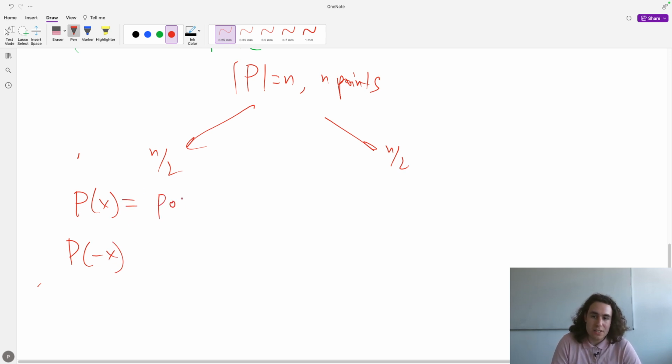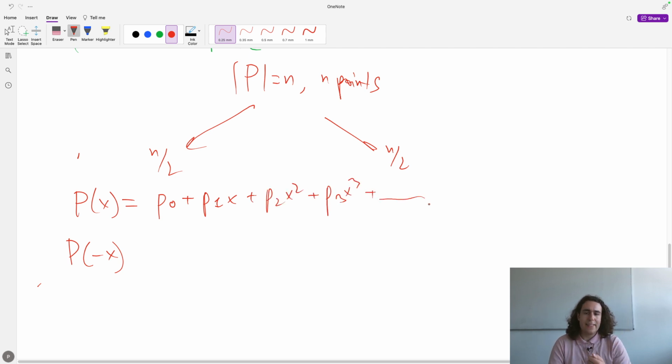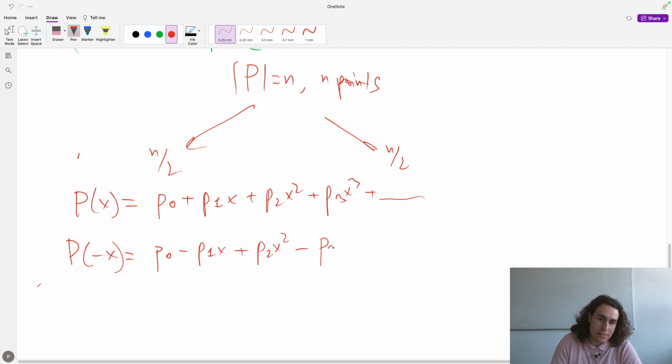So this is like p0 plus p1x plus p2x squared plus p3x cubed and so on. And then if we plug minus x, we're going to have minus x to some power. If this power is even, nothing changes, but if this power is odd, we get a negative sign. So we have p0 minus p1x plus p2x squared minus p3x cubed and so on.